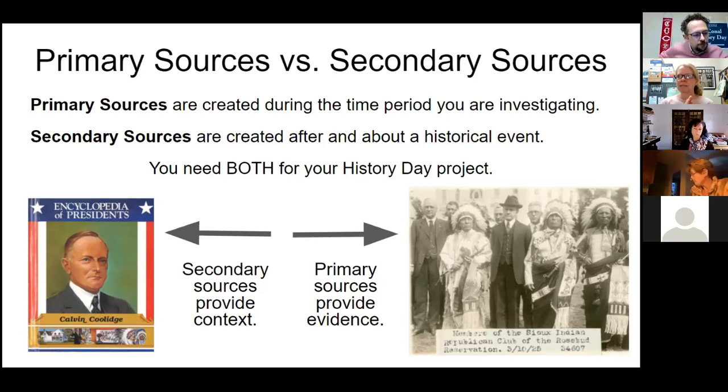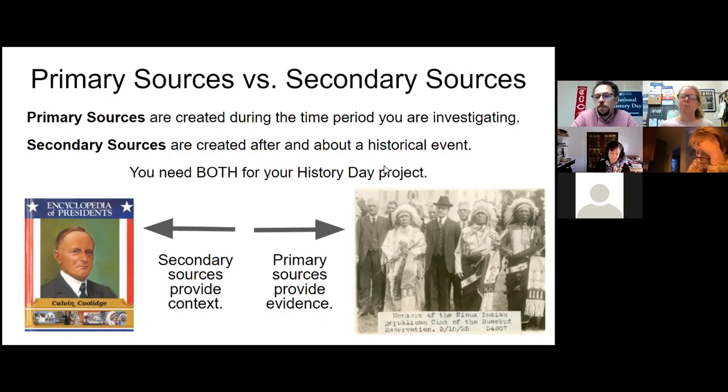Oftentimes, secondary sources are a good place to start, either for students to figure out their topic or to learn more about their topic before they dive in to finding and analyzing primary sources. They do need the primary sources, but secondary sources are always a great place to start. Once they have that additional information and know the questions they're asking, they can really look more deeply into the primary sources.